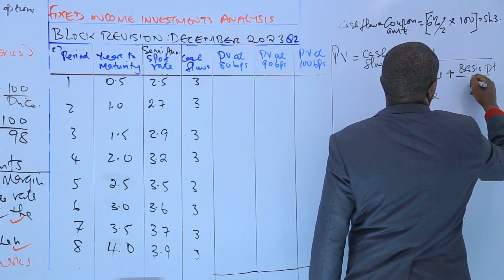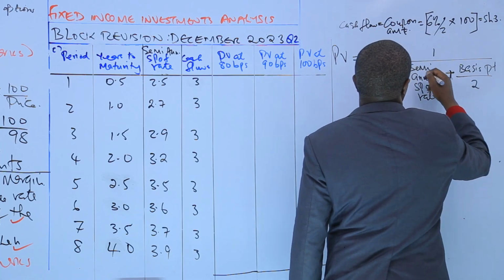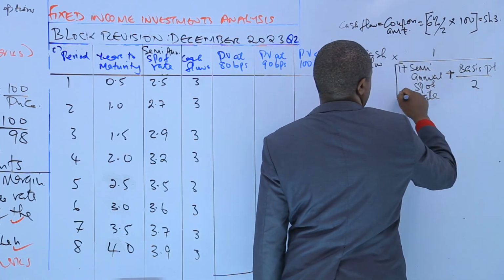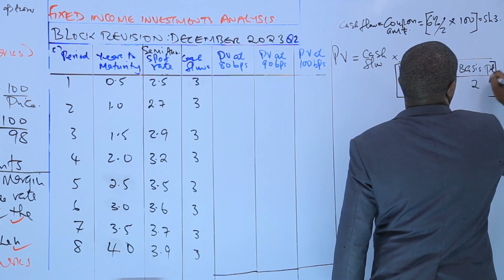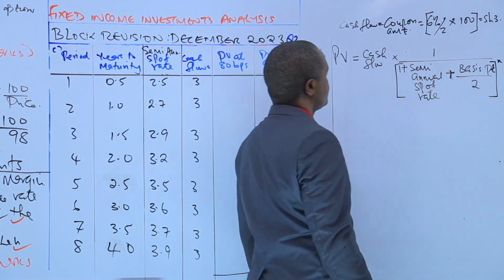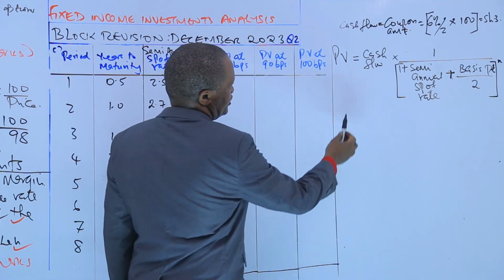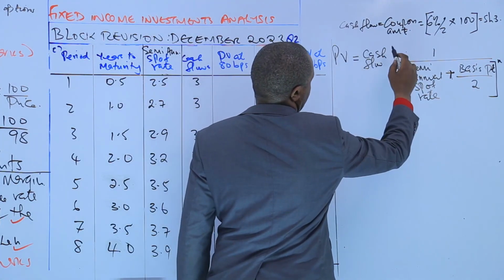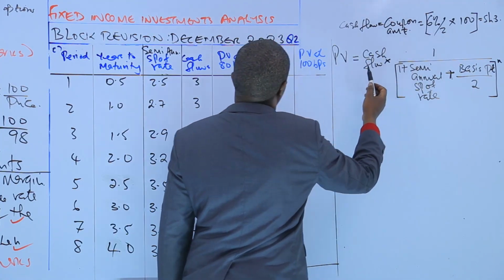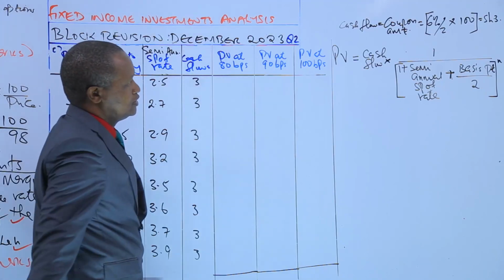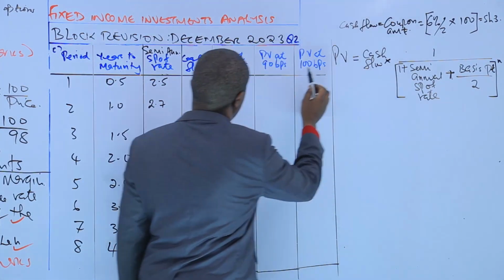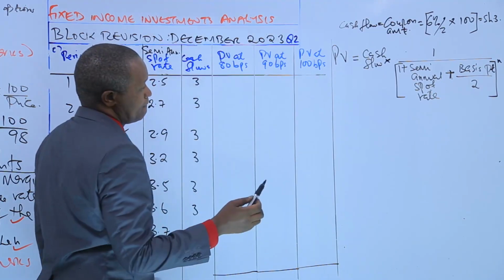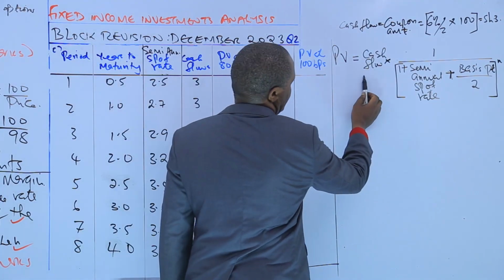We divide the basis point by 2, then all these we raise to n. So we are discounting this cash flow of 3 shillings. We are to get the present value of these 3 shillings at every period, and this is the formula.